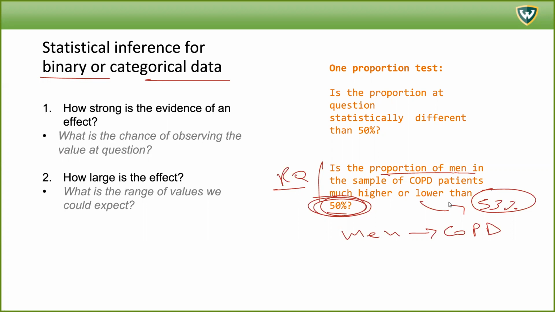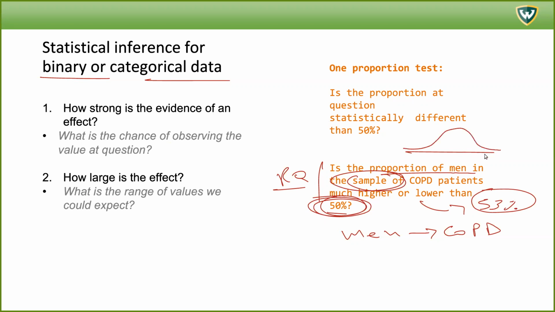Well, the issue is that this is one sample. And because this is one sample, maybe in another sample it would be 48%. And in another sample it would be 59%, and so on. So given this one sample that we have, how can we know if this value is different enough from what we're comparing with, which is our null hypothesis, the basic 50%?